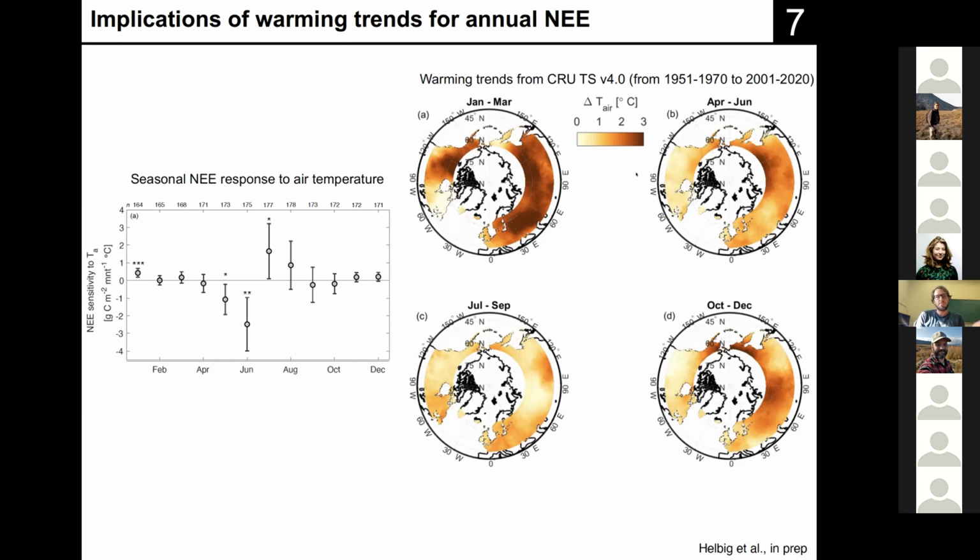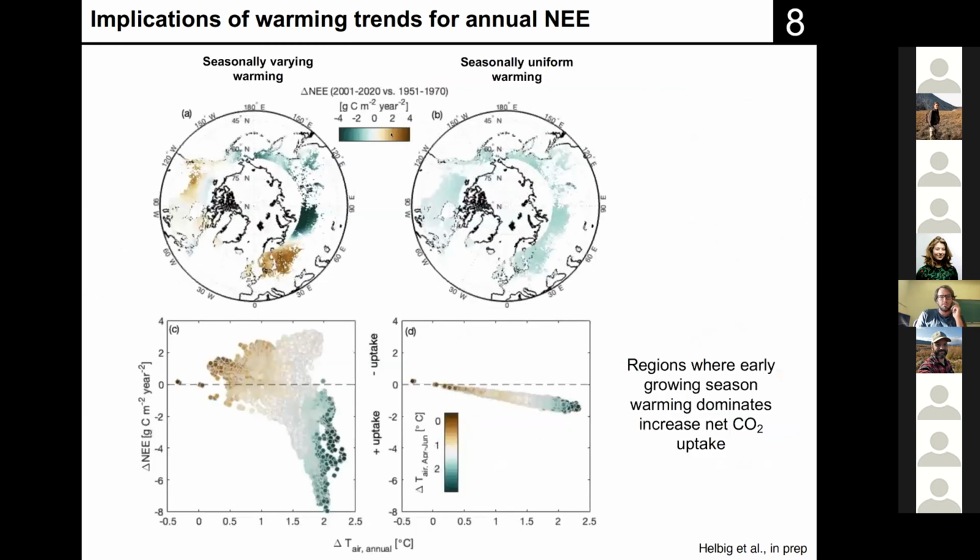So now if we couple these two, we know the sensitivity, and we assume that it is the same in all the peatlands. We do this for each month and sum up what the change in NEE would be, and then we get these maps where you see the estimated change in NEE due to temperature change. You really see this reflection that there appears to be a strong estimated uptake in Siberia, whereas in Europe we see a decrease, and also a diverging pattern in North America.